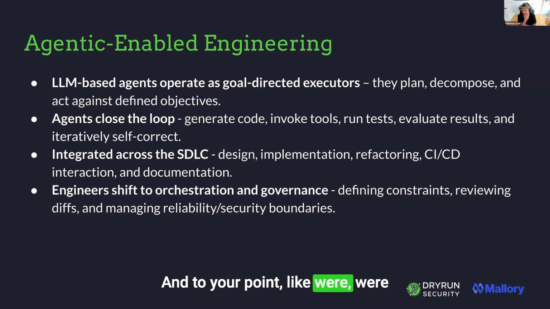And to your point, were there ever enough eyes on this code in the first place? Like, all bugs are shallow with enough eyes on them. But I think we've always overestimated the ability of human code review to identify bugs up front.